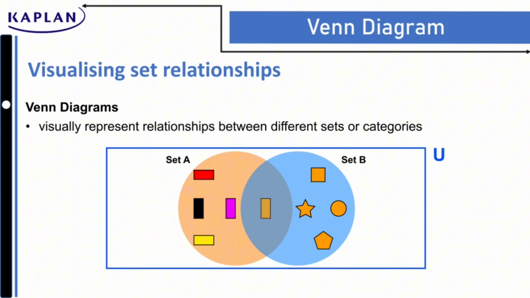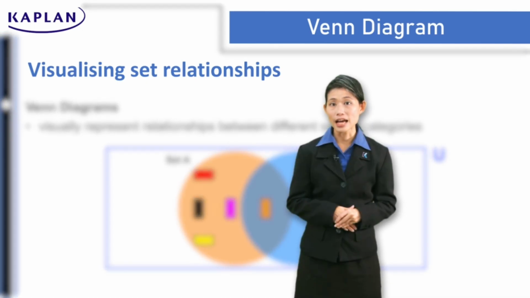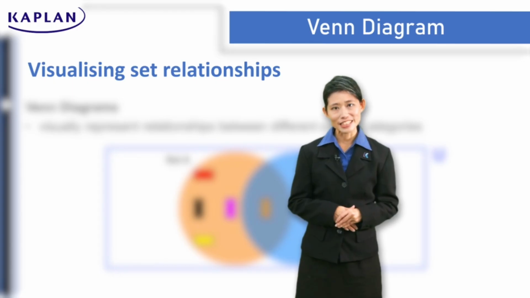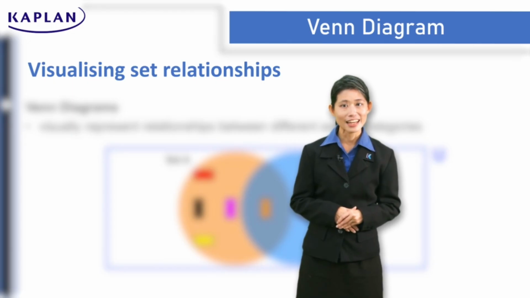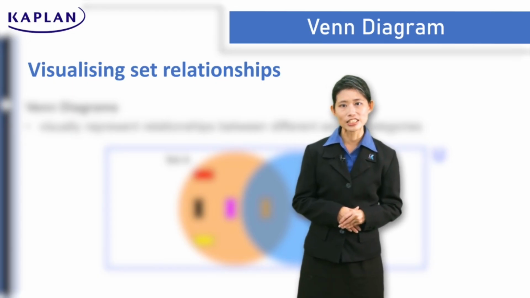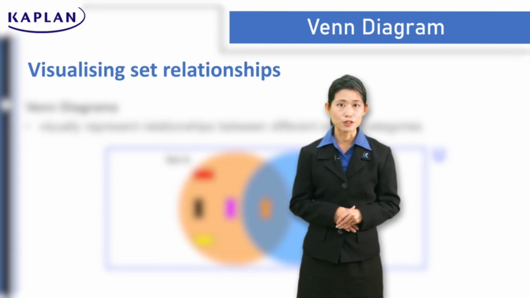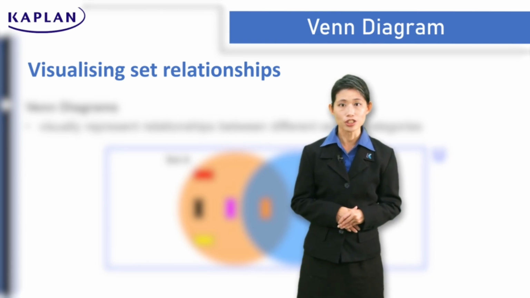The area where the circles overlap contains orange rectangles. By using Venn diagrams, we can effectively organize information, identify relationships between categories, and gain a clearer understanding of how different sets interact with each other.